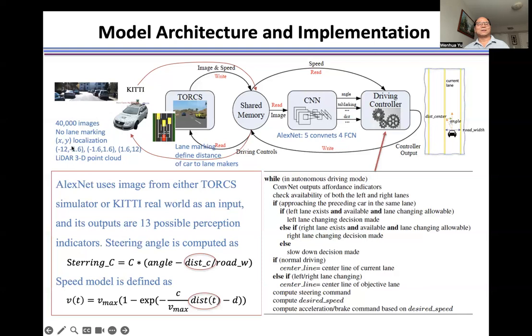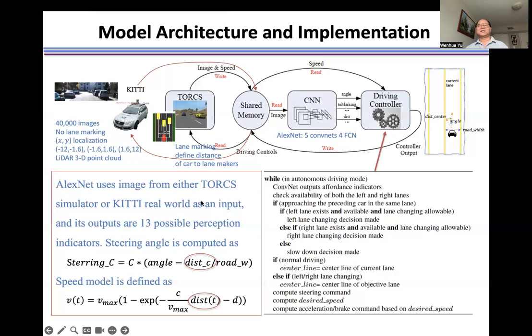And then we split the input image into three regions: one is the in-lane region, this is the right region, and this is the left region. Similarly, we determine the important indicators. Based on these indicators, the controller predicts the driving decision in a similar way, following this procedure.